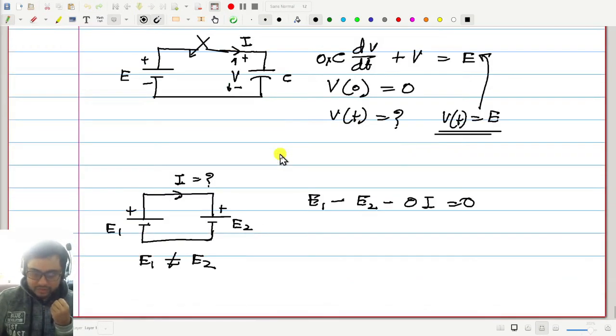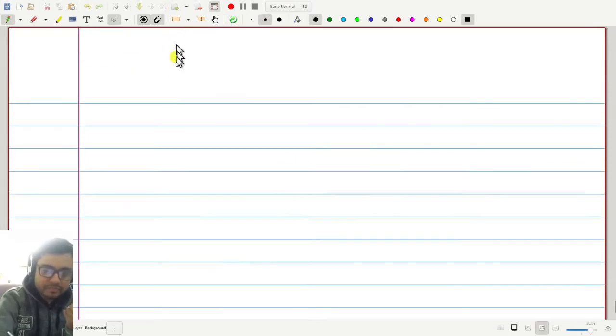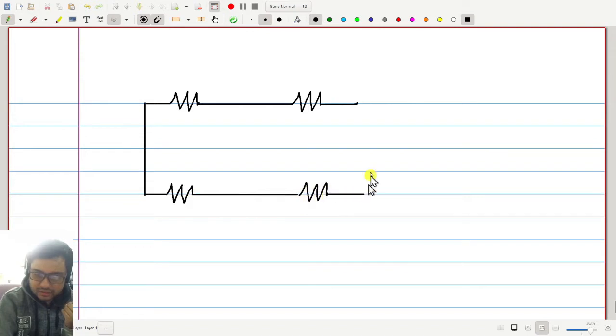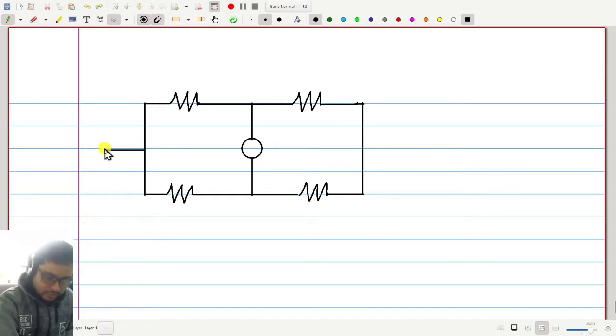Now, let me draw a Wheatstone bridge. Let me put the source here so that I have more space.